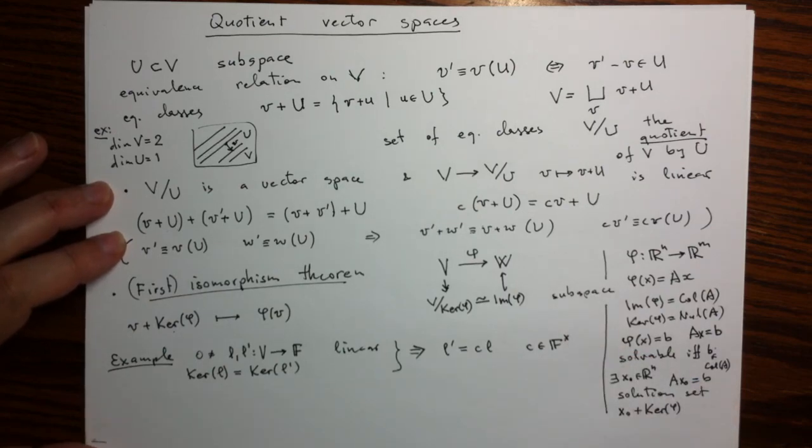And yes, the quickest way, in my opinion, to justify this implication is to use the first isomorphism theorem. So in this case, the image of these linear functions, just by the definition, is the same one-dimensional coordinate vector space, the base field itself.